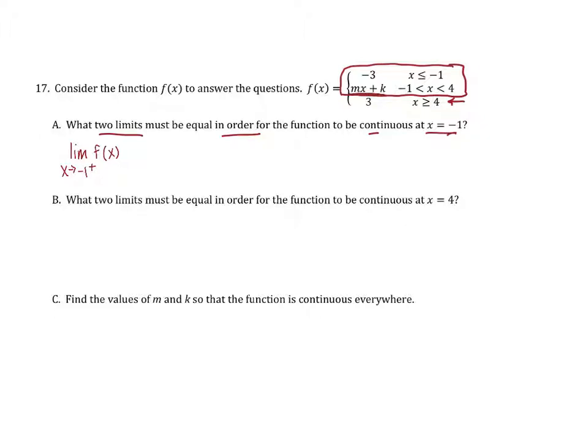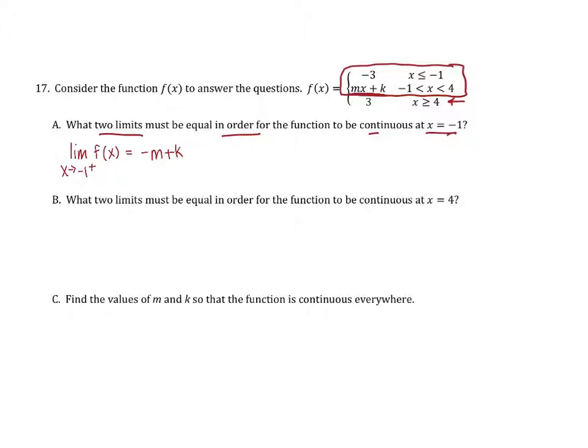So we're going to look at here, the mx plus k. So notice here that all I can do is plug in a -1 for m, and all I'm going to get is a negative m plus k, because k and m are just constant values.